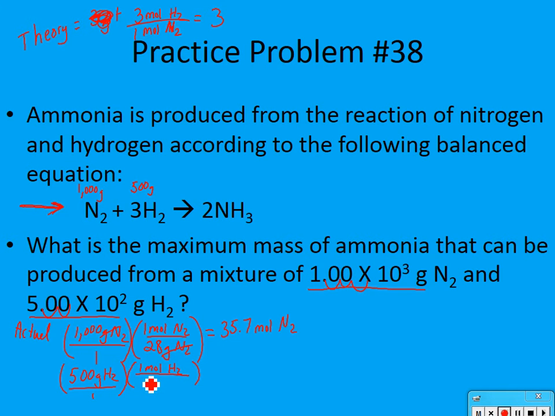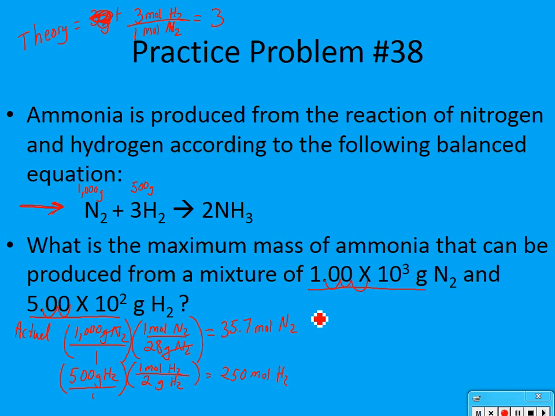What's the molar mass of H2? 2. So what's 500 divided by 2? 250. I think it should be pretty clear which one's going to be our limiting reactant, right? But let's go through the same process and see if we're right.